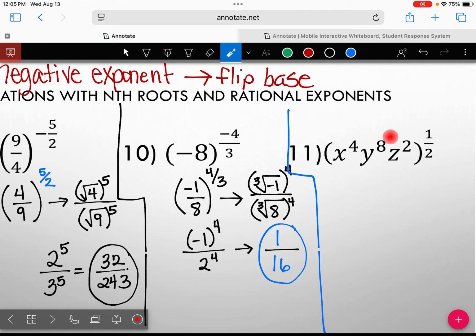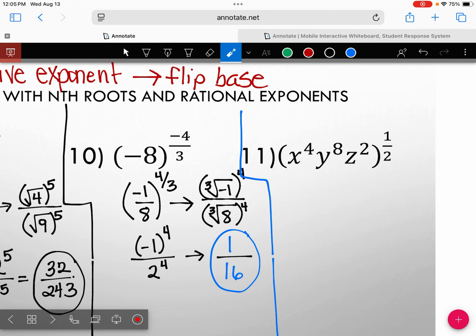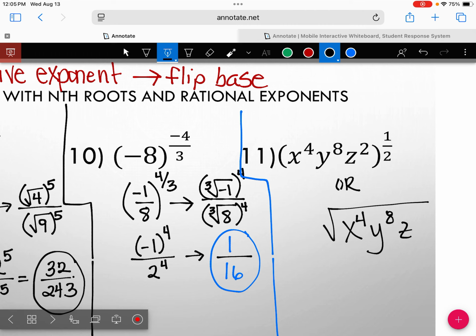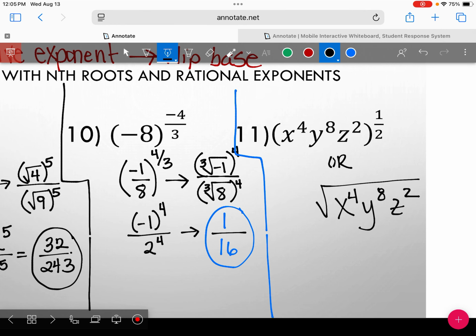Do we add them, subtract them, or multiply them? Multiply them. This can also be written as the square root of x to the 4th, y to the 8th, and z squared. That's the same thing. So my answer would be x squared, y to the 4th, and z.